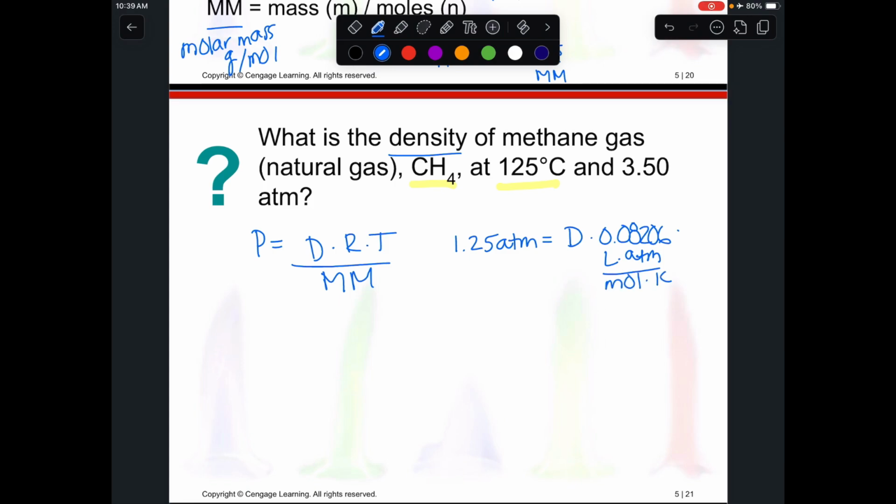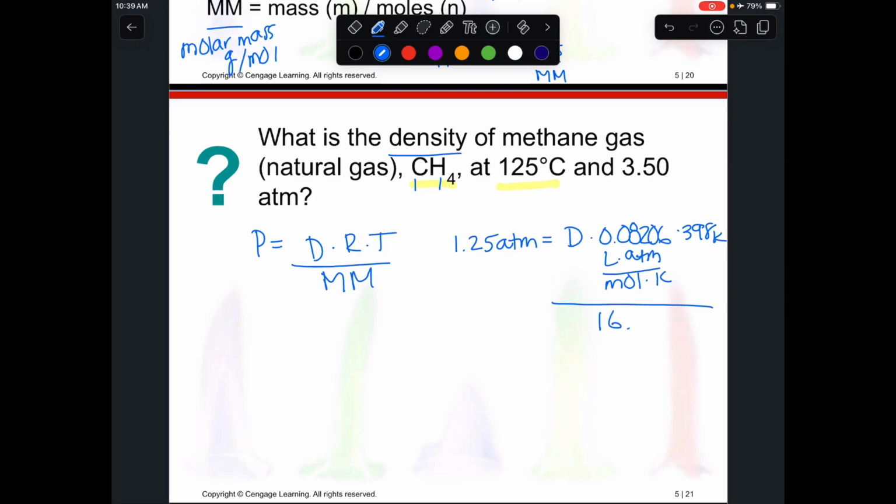And then my temperature is 125 plus 273, of course, and that gets me 398 Kelvin. So I can then divide by my molar mass. And I know I made those units pretty large, but that's okay. Now, to get my molar mass, I can just add up 1 C and 4 H's. And so that is 12.01 plus 4 times 1.01, which is 4.04.